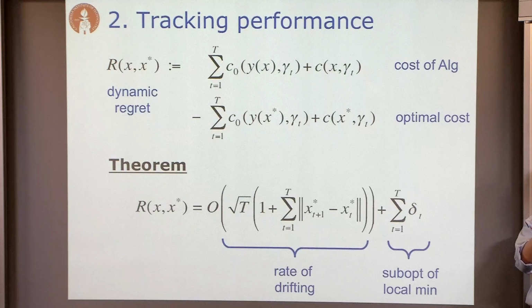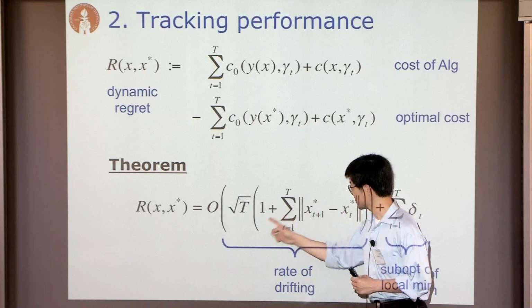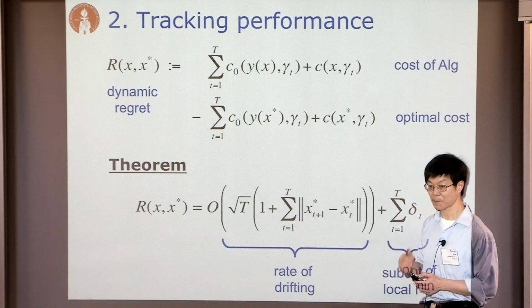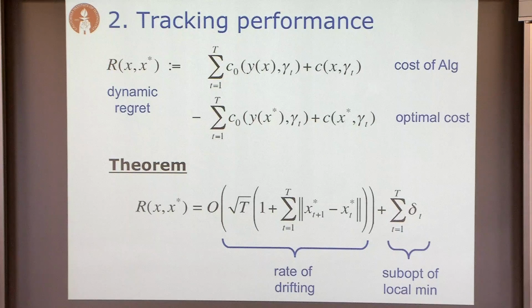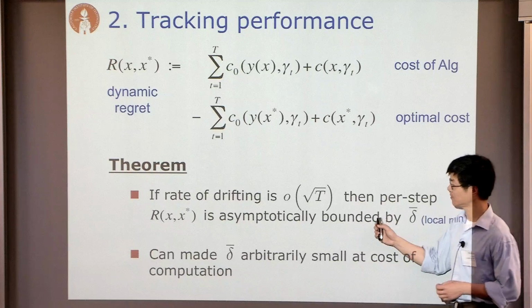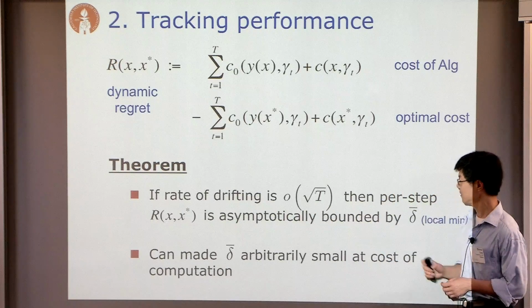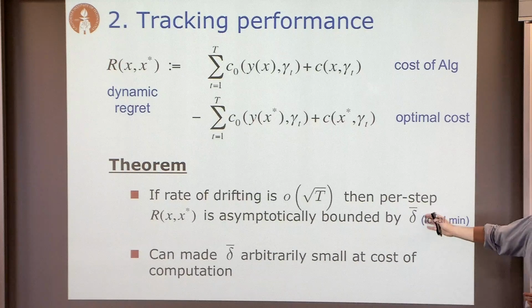There's always potential gap between the local optimal and the global optimal. And therefore, if this changes slower than square root t, then the per step regret, so divide both sides by t, then this term goes away. And therefore, if the rate of drifting is small, then the per step regret is entirely bounded by sort of average gap between local and global optimal. So there's probably no way to get rid of this.